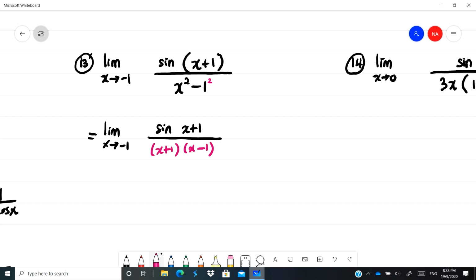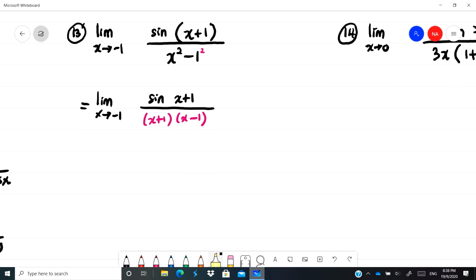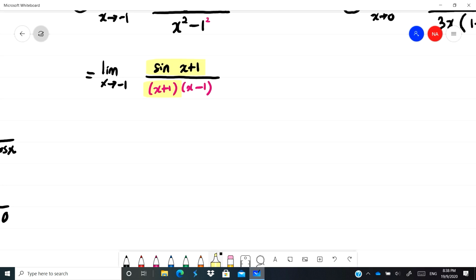Please take note that to make use of the squeezing theorem, we want to put this term together. So we have to take that 1 over x minus 1 aside. Let me change it into this form: limit as x approaching -1 of sine(x plus 1) over (x plus 1) multiplied by 1 over (x minus 1).